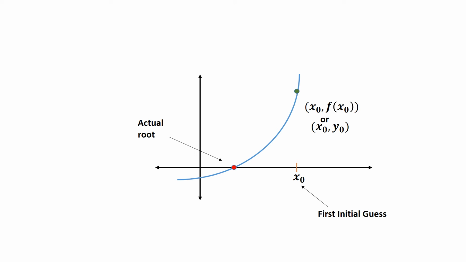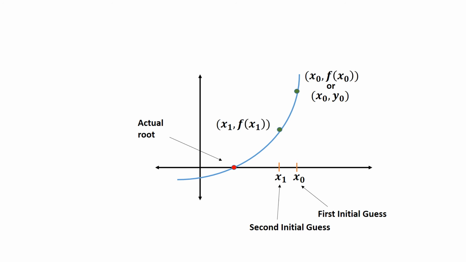You don't need to check whether this gives a positive or negative value. You just choose one initial guess, and then you choose another initial guess. See, student, here this x1 is the second initial guess. This corresponds to this point, x1, f of x1.